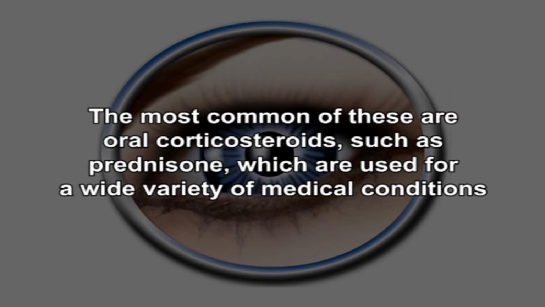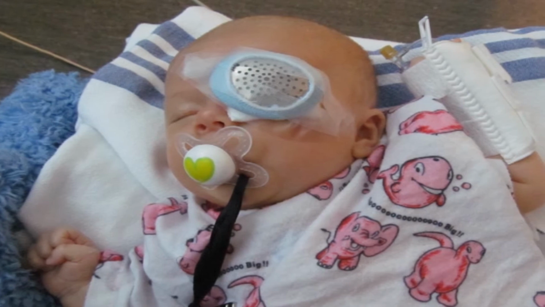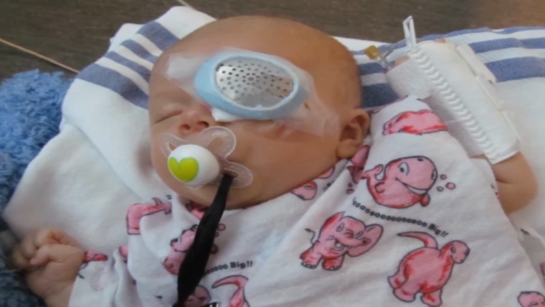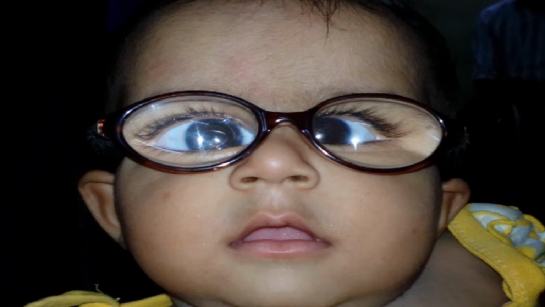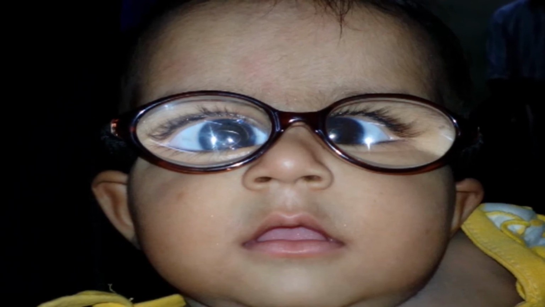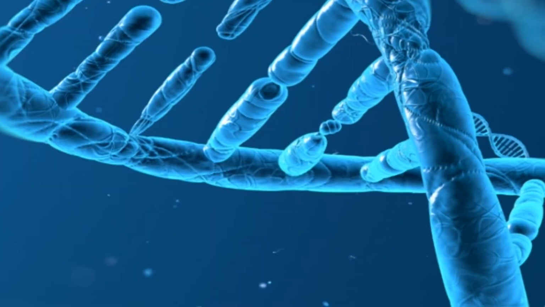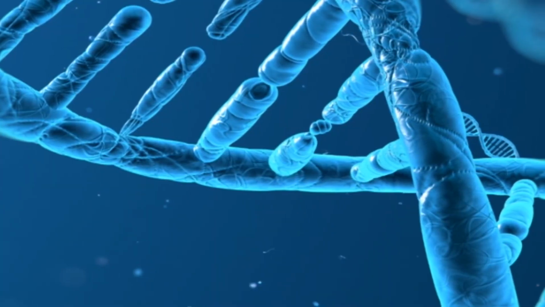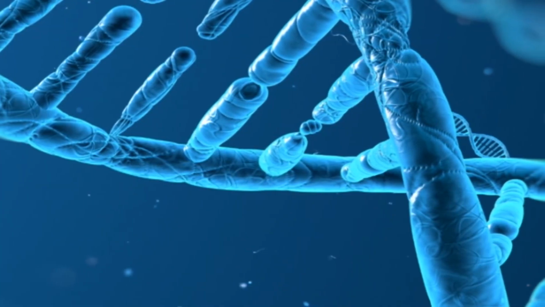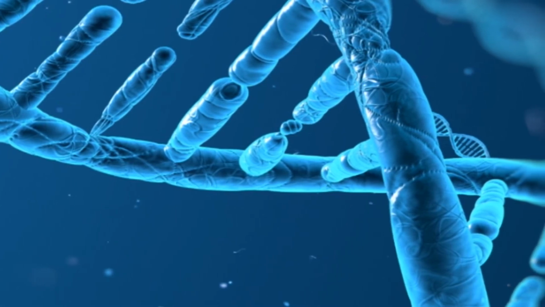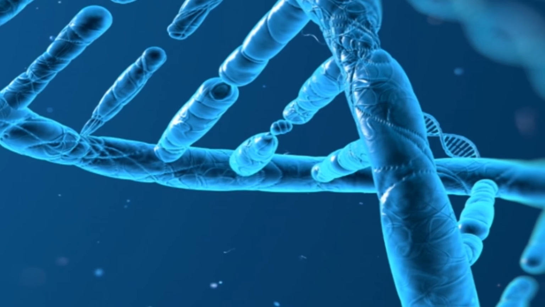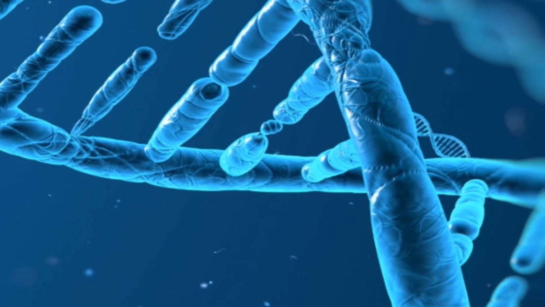conditions. The term congenital cataract is used when a baby is born with any clouding of the lens. This may be present in one or both eyes, be stationary or be progressive. Causes include genetic disorders or intrauterine developmental disorders, both often associated with other physical abnormalities of the baby.